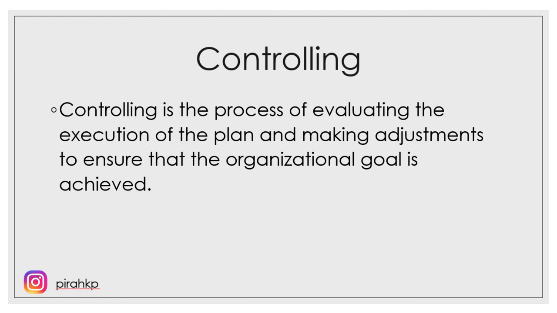You are evaluating if things are going right, if we have hit any bump, or are we in a mess, is there any argument going on, or are things all right, do we need anything? And if there is some situation, you have to make adjustments to it as per the situation as well as per your organizational goals.